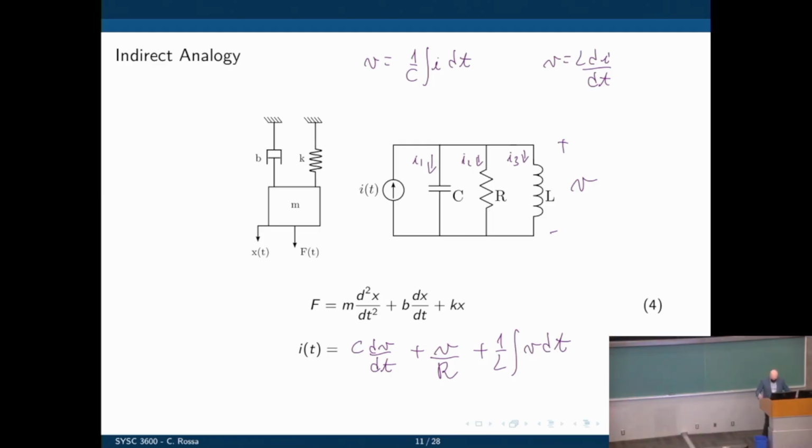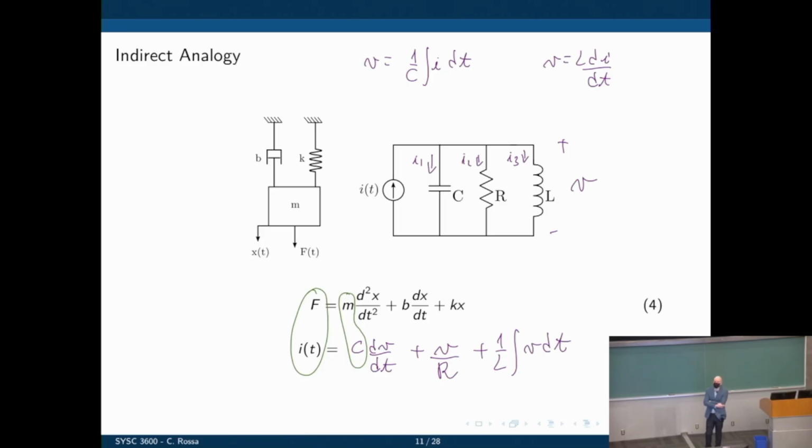And in this equation, things look slightly different because now our analogy is assuming that F is equivalent to the current. But what else are we saying here? We're saying that the mass is equivalent to a capacitance.